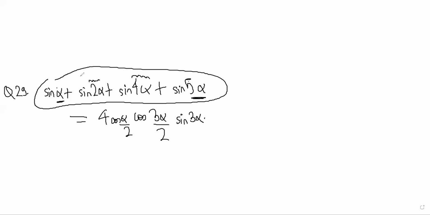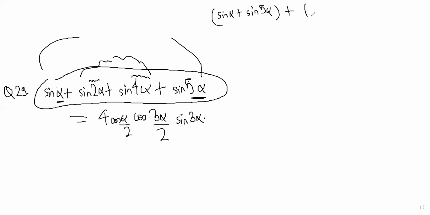So it's sin A plus sin B. I should group these two and these two. Why? Because the sum is the same. If I group alpha and 2 alpha, it will not be the same as 4 and 5, right? So I will just say sine alpha plus sine 5 alpha plus sine 2 alpha plus sine 4 alpha.